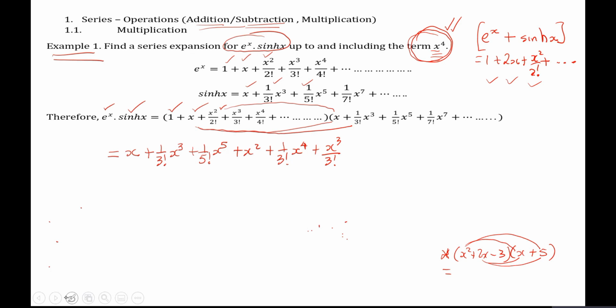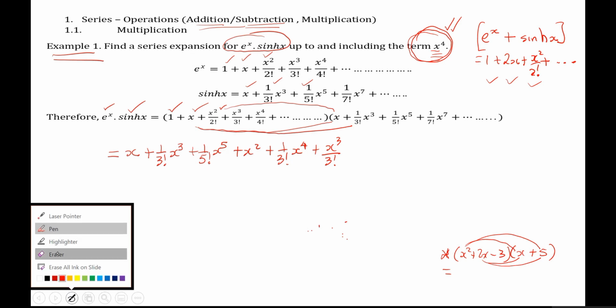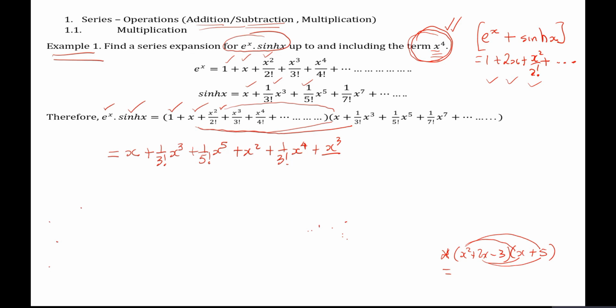Once again, let's just erase that quickly. That's not 3 factorial. What is it? That's x squared over 2 factorial times x, which is x cubed over 2 factorial.